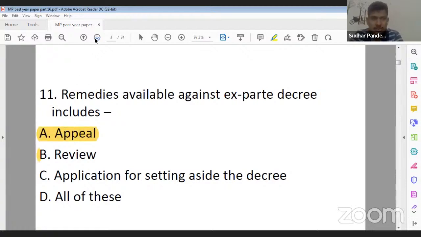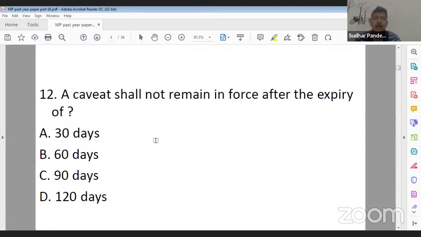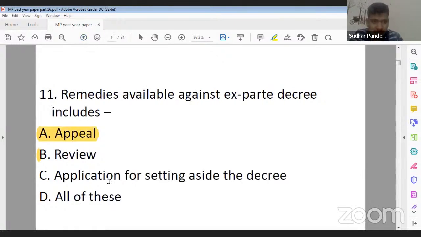No, Ankita Gupta ji, 11th's D is the correct answer, right? I'm really sorry. 11th's D is the correct answer. That means all of these, not only A. So its correct answer will be D, that is all of these.